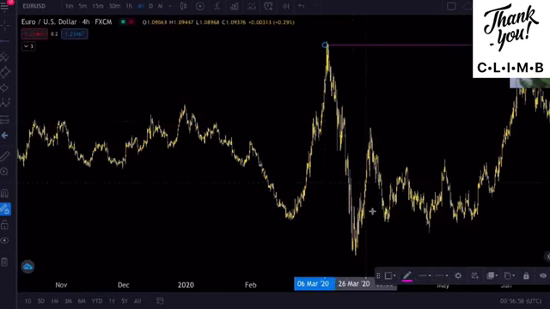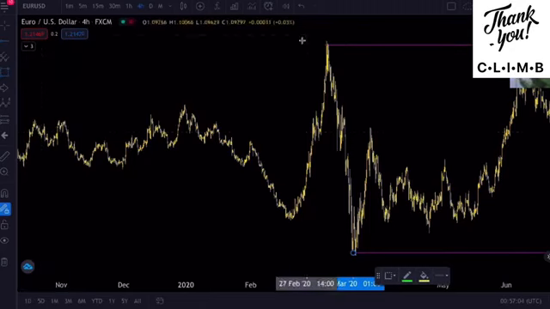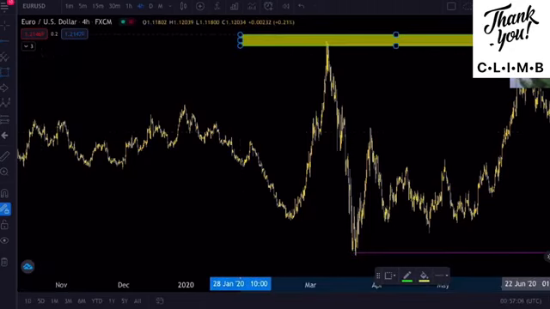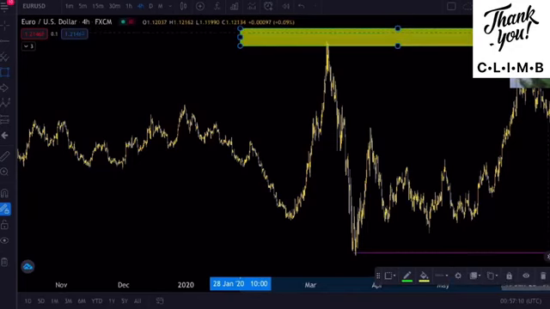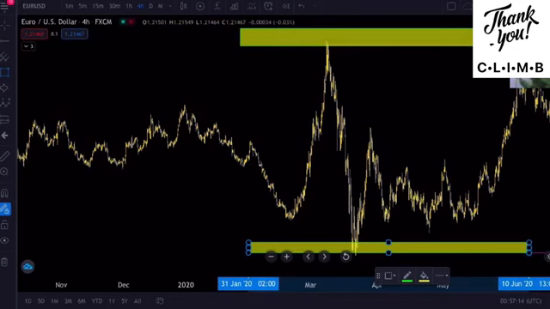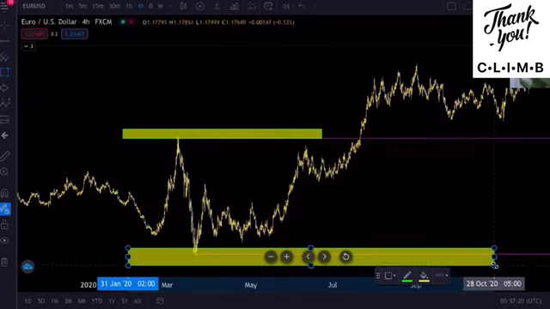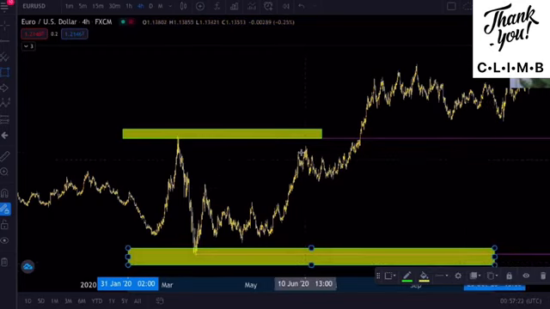Strong move down, that's a zone. It's the completion of this impulse downwards, and it's the completion of this impulse upward. So this right here is a zone. We'll create a zone. As we can see, this created a floor right here. As we can see, this impulse created a ceiling, which later on turned to be a floor.